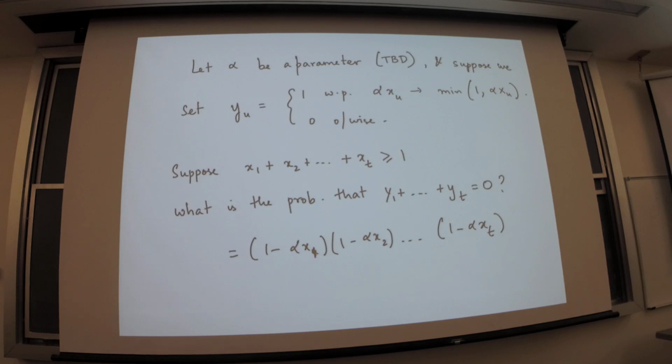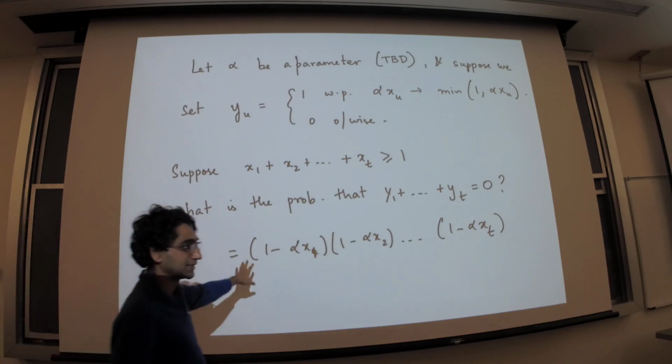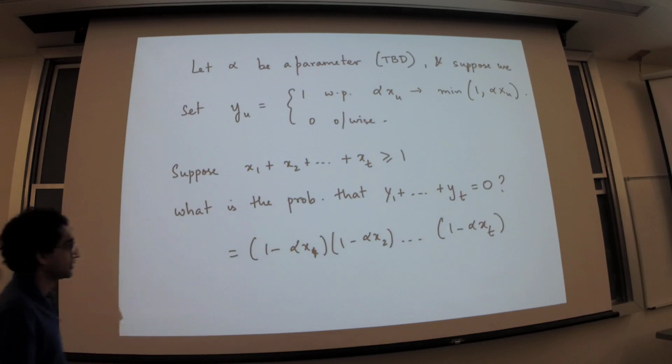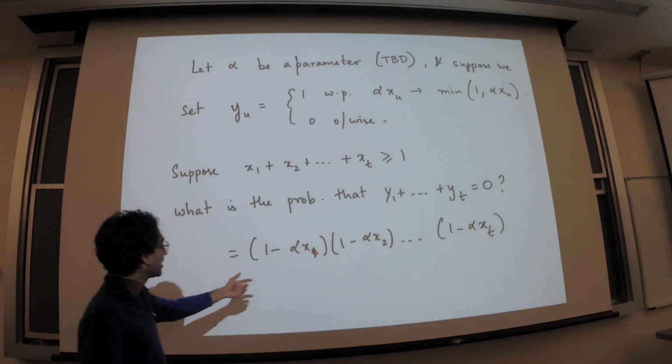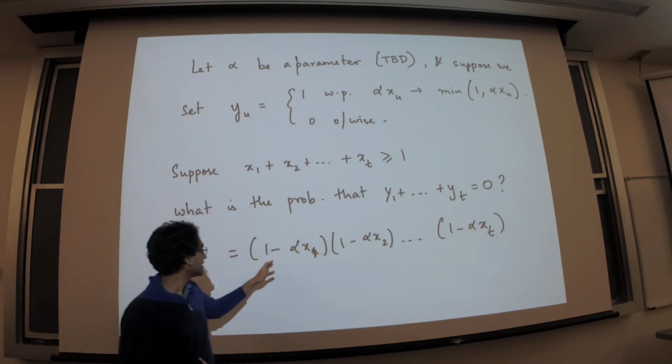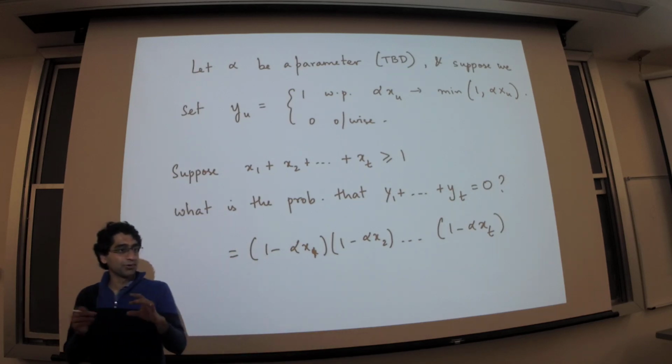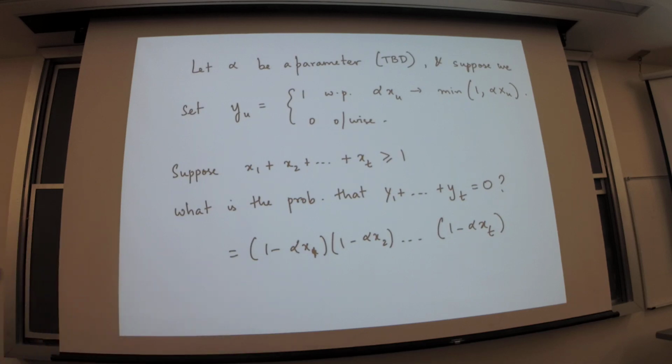Alright, so that's fine. So you can always say that this is the interesting case where you have something like this. By now you should have gotten the hint. If you see 1 minus something, you should always upper bound it by e to the minus that quantity. This is something that we've seen in multiple homeworks. So you say that this is at most e to the minus alpha x1 times e to the minus alpha x2 and so on, e to the minus alpha xt.